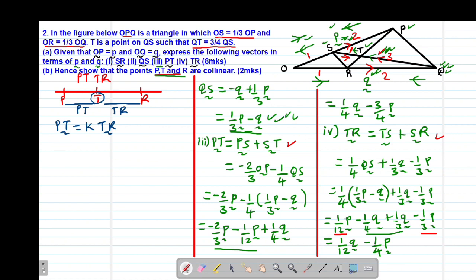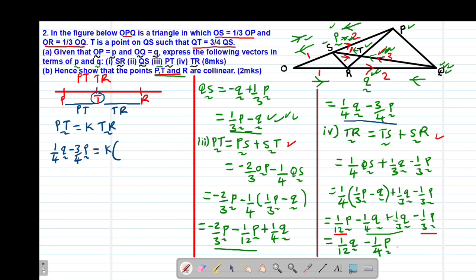So my pt was here. This was my vector pt. It actually simplified to this particular vector here. Therefore, I'll just pick it. So I'll say 1 over 4 vector q, then minus 3 over 4 vector p should be equal to k into vector tr.